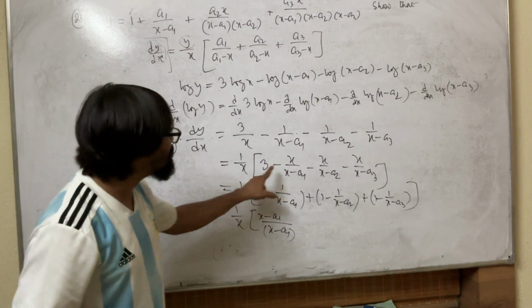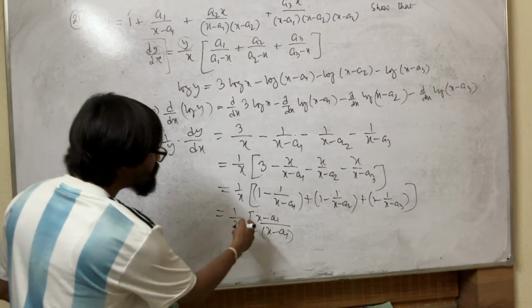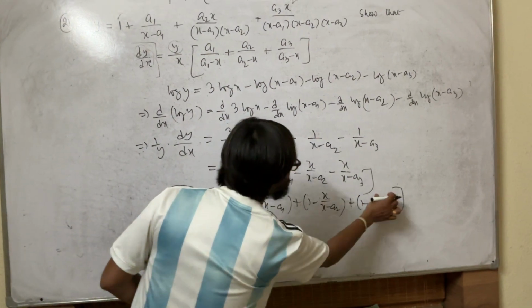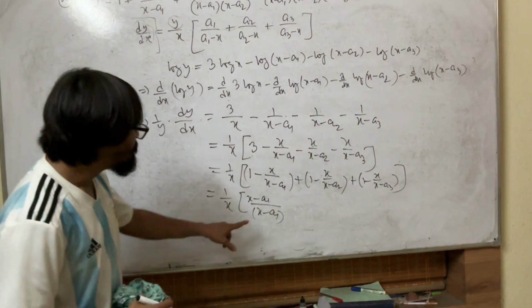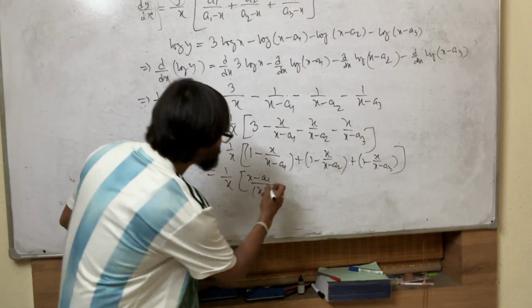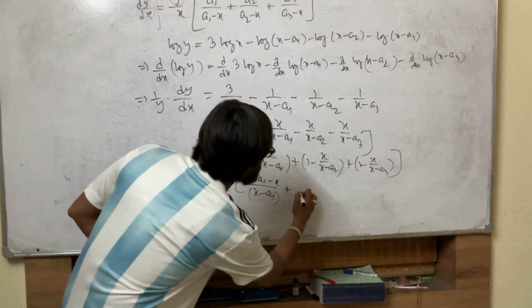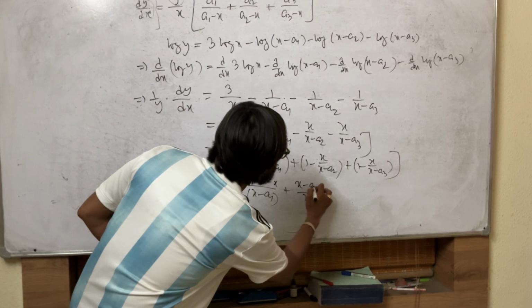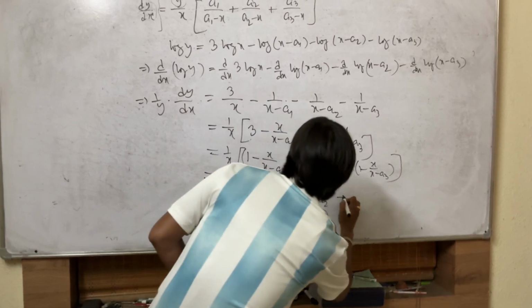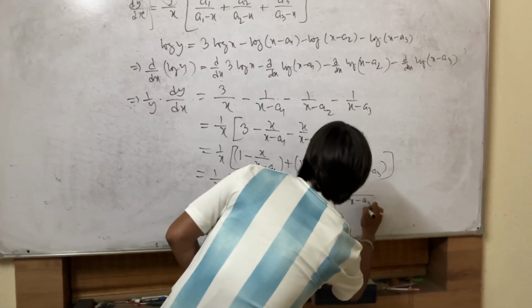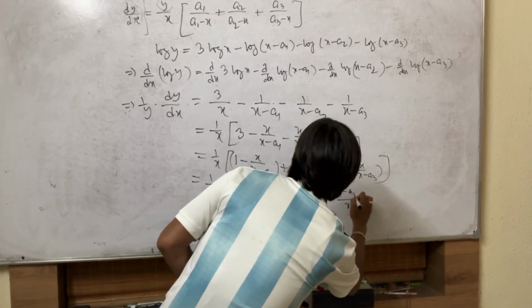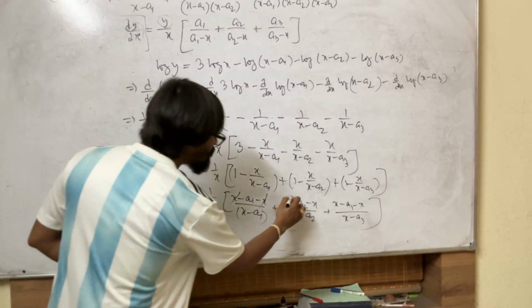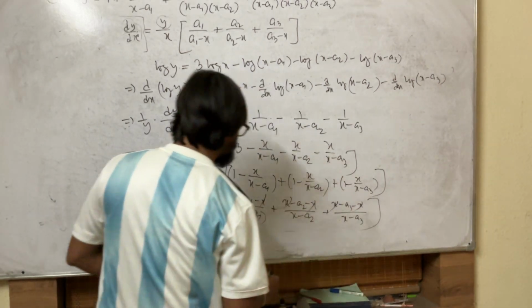So I have, look at this. So this will be (x minus a1) minus x, and also plus (x minus a2) minus x, plus (x minus a3) minus x. Now what happens is this, x gone, x gone, x gone.